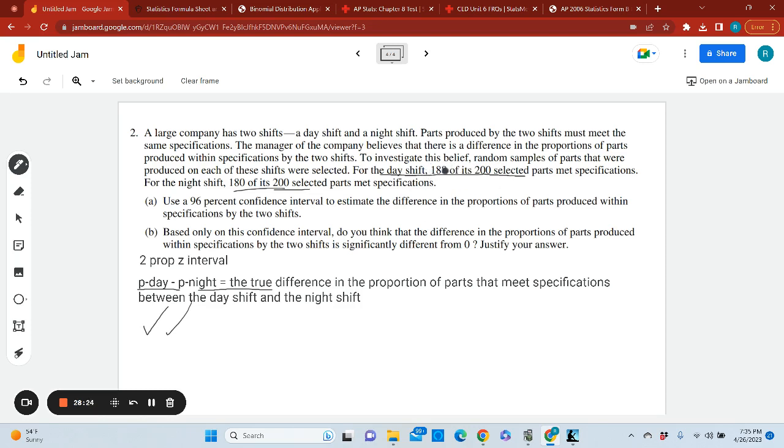So that would give you your P hat, right? If we have 188 parts that met specifications, that means we had 12 parts that didn't. Here we had 180 parts that met specifications. That means we had 20 parts that didn't. All those numbers are bigger than 10. So the large counts condition is going to be met for both of these individual sampling distributions.